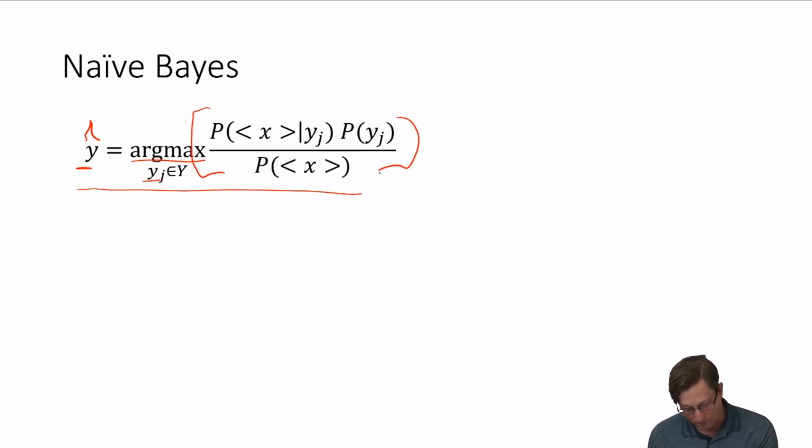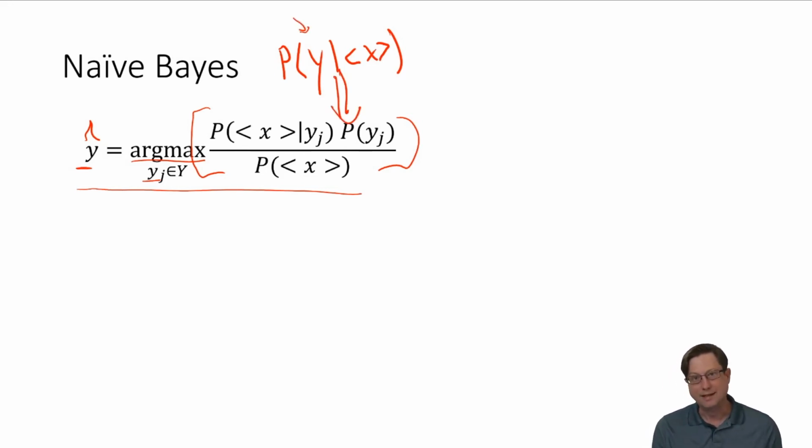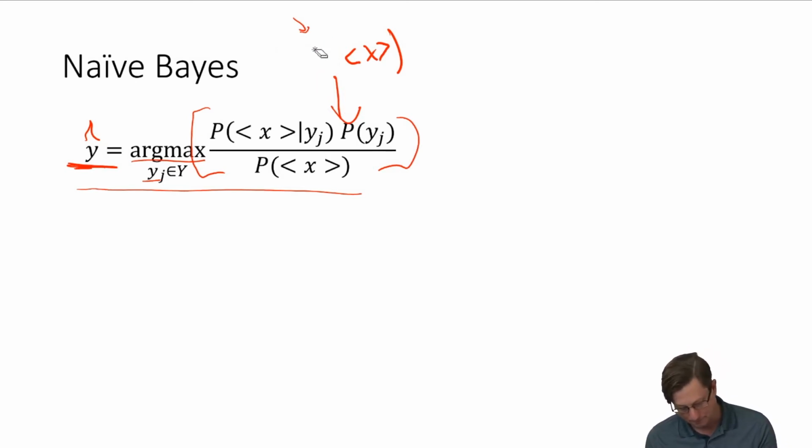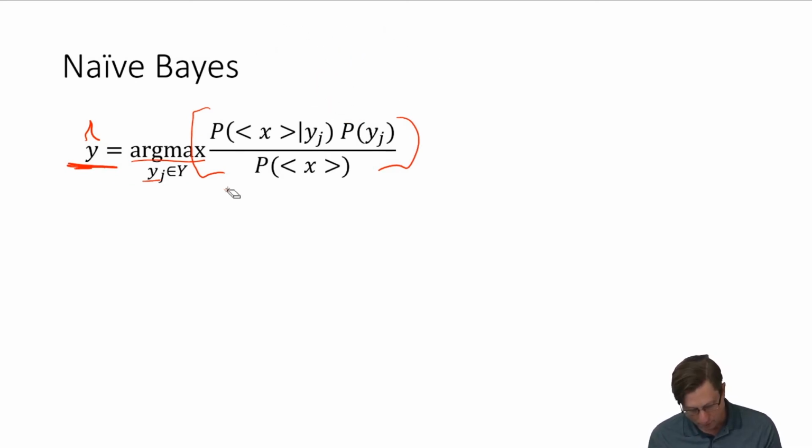And remember, this was probability of y given x is equal to this for any particular value of y. Then we could say, well, let's estimate the probability of every possible value of y, and in a classification sense, return the maximum of those. So what does that mean?